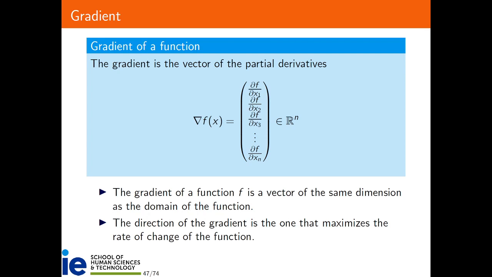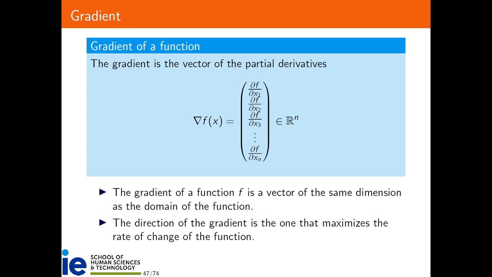So now I have a vector. Well, what I have are many partial derivatives with respect to any of the variables of my problem. I can store them in a vector, and that vector actually has a name and is called the gradient.